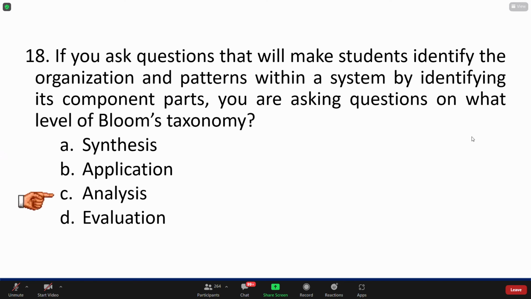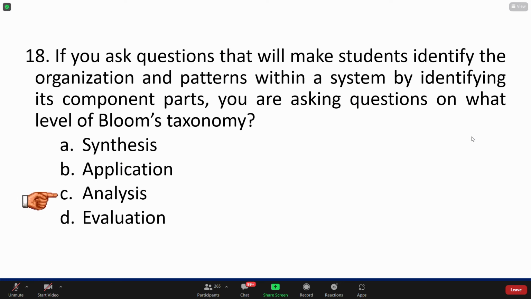Actually, the answer is analysis. The key term here is identifying organization and patterns within a system by identifying component parts. Earlier we said when you break down something into its component parts, it is analysis.